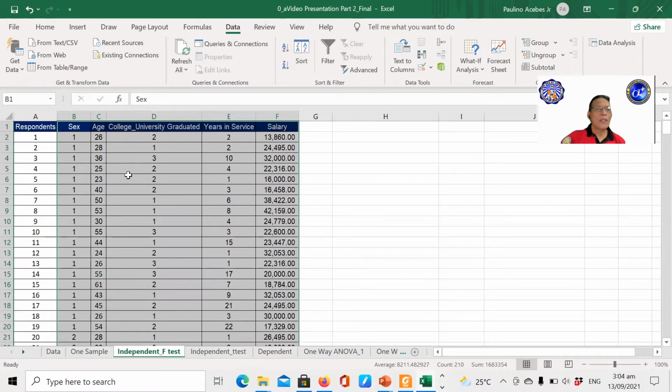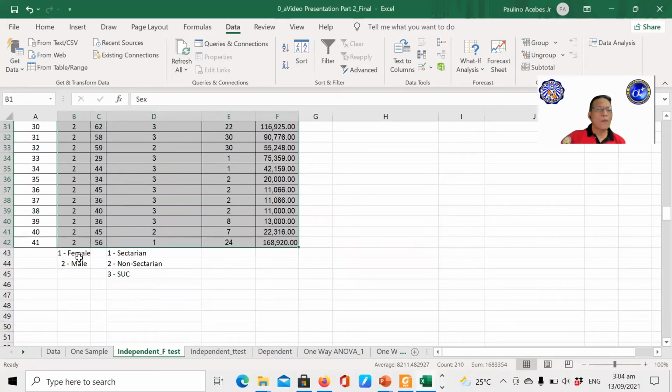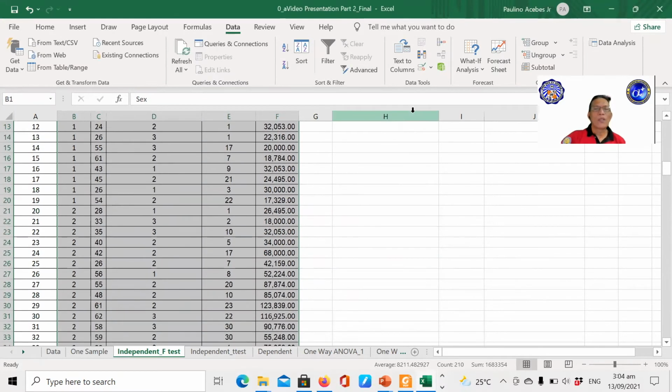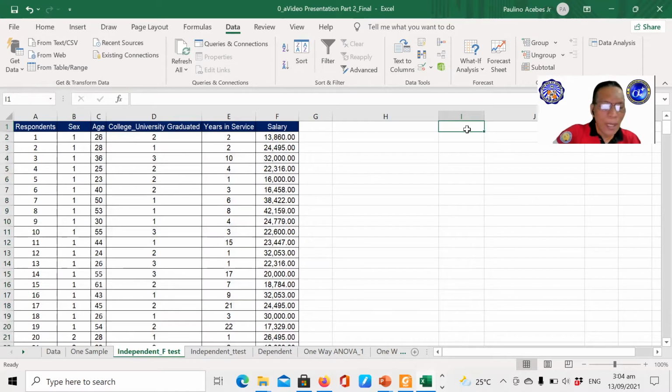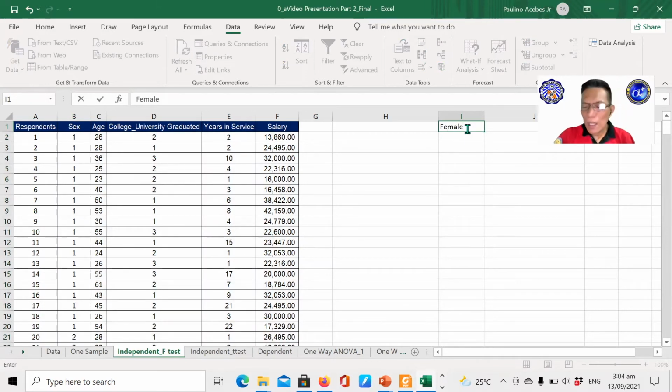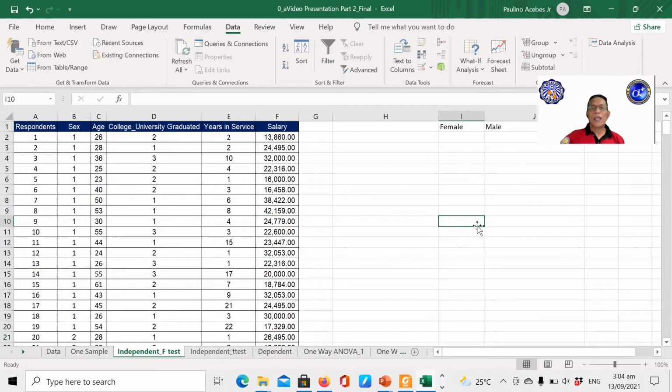According to the legend, one is female, two is male. So we are going to type here the female and next the male. Then we copy now the salary because we're going to compare the salary of the male and female.